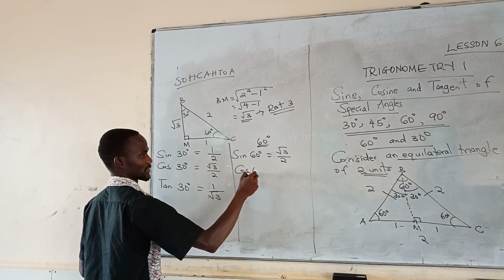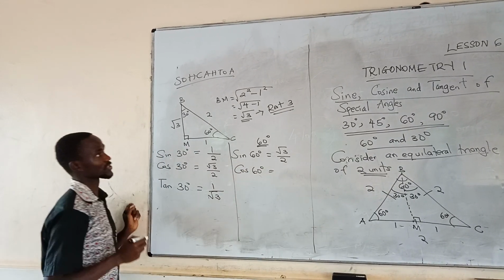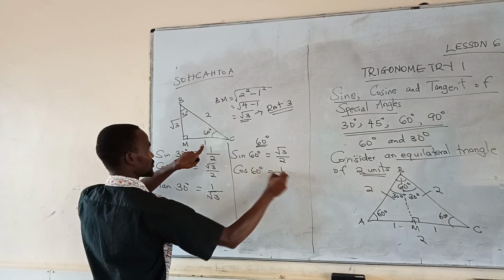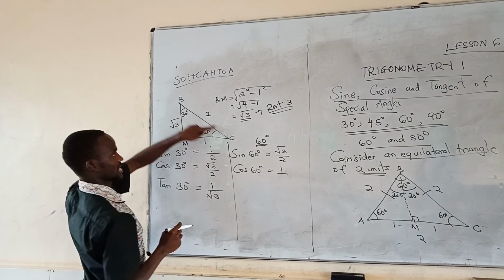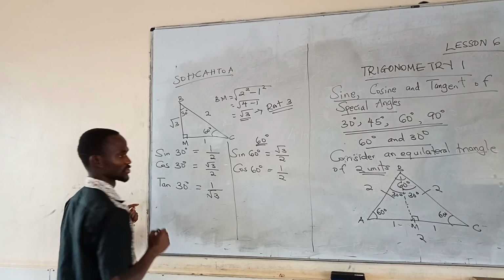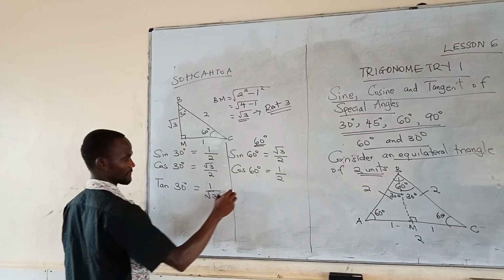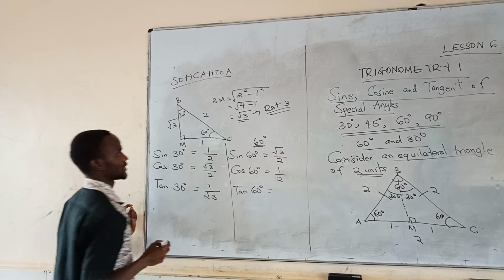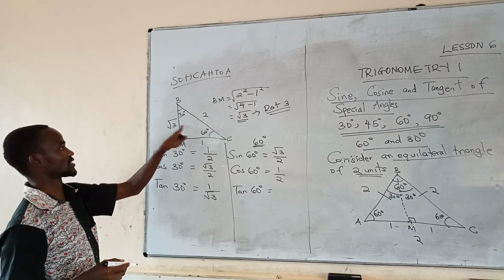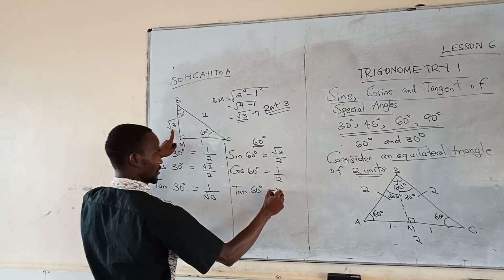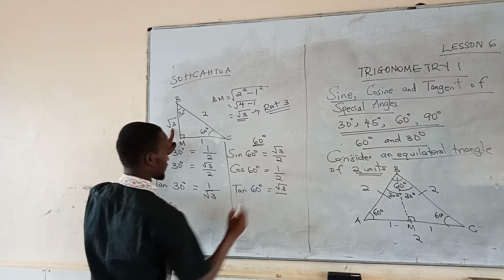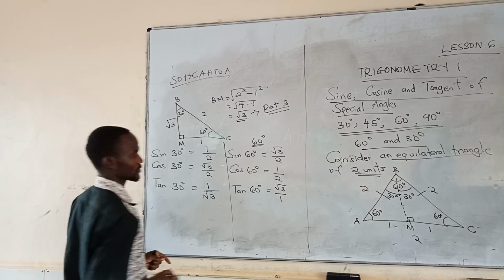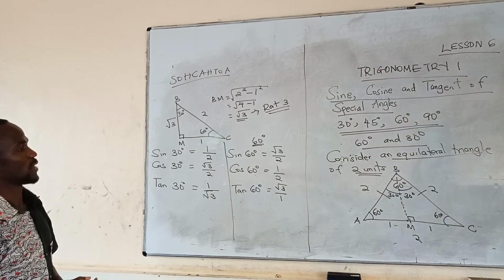Cos 60 degrees is adjacent, which is 1, over hypotenuse, which is 2, so a half. Then tan 60 degrees is opposite, which is root 3, over adjacent, which is 1.